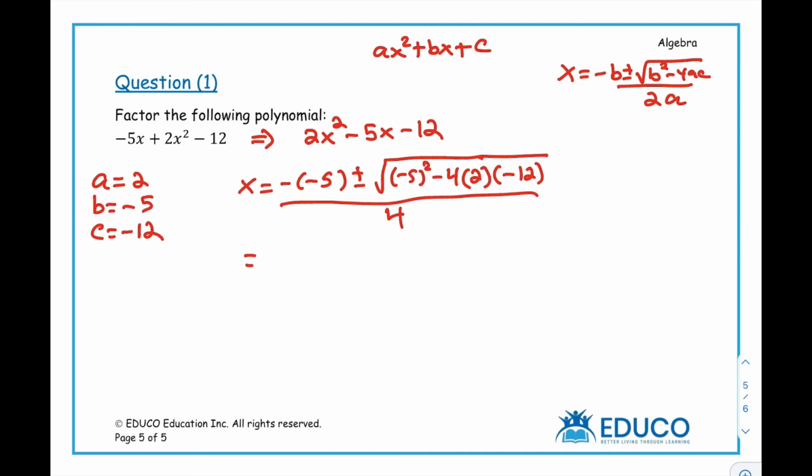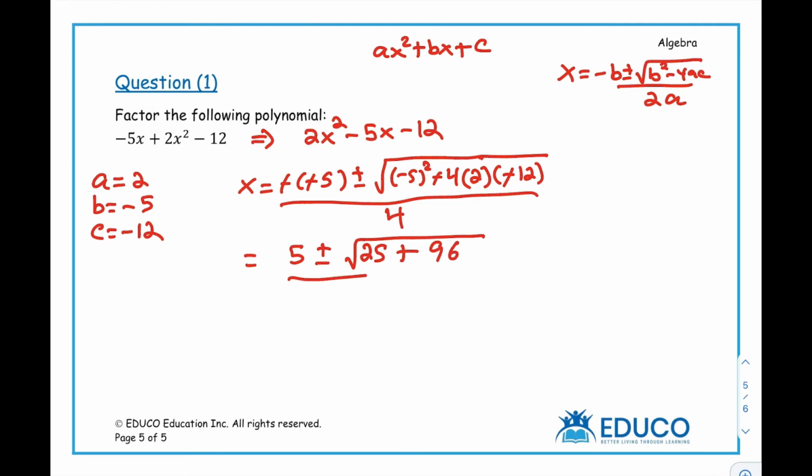So now this is equal to, these two negatives will cancel, so I'll be left with a +5, plus or minus the square root. -5 squared gives me 25. Again, these two negatives will cancel and give me a plus. 4 times 2 is 8. 8 times 12 gives me 96.